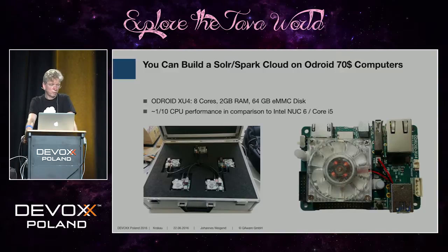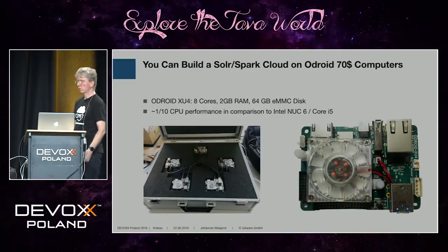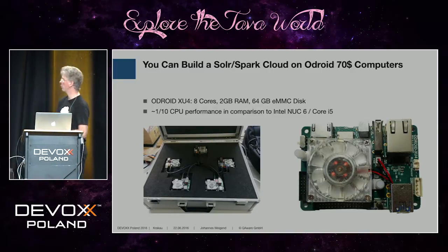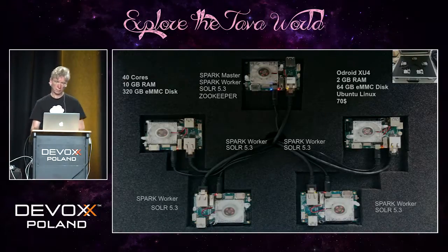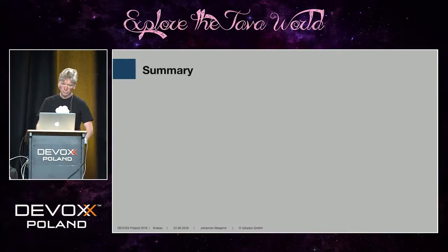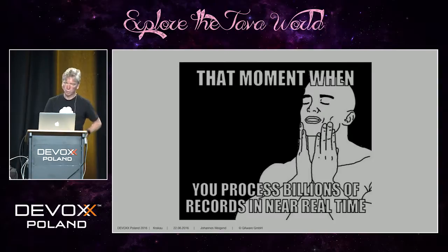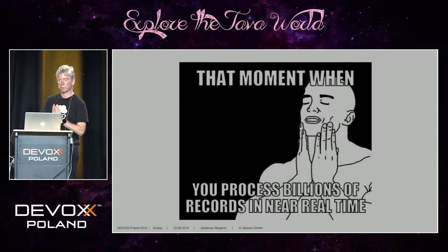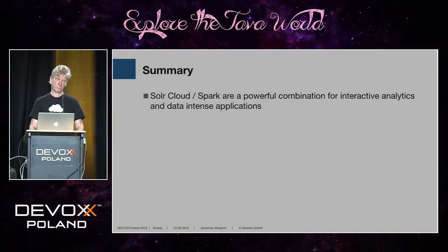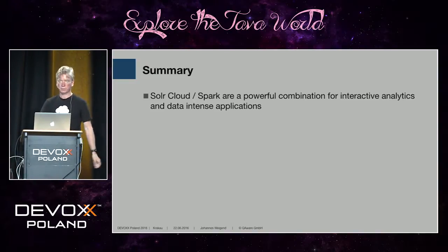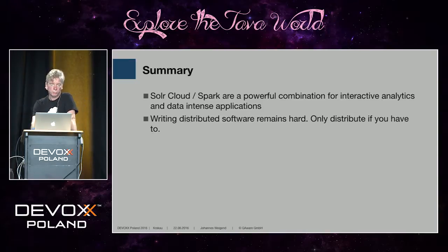They don't have the CPU performance of the Intel machines, but this Solr Spark sample runs quite well there. And that's the moment when you can process data in near real time. These two frameworks in combination give you a powerful tool for analytics.